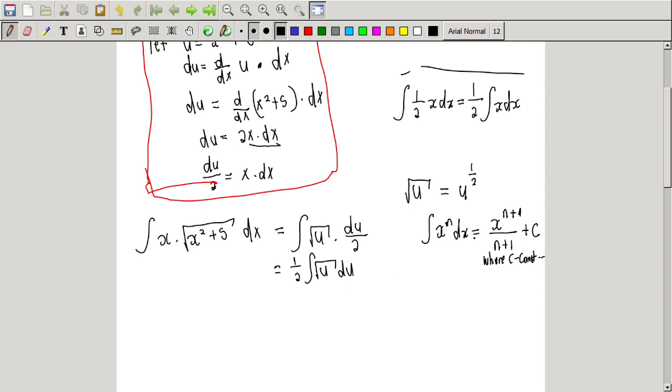So that is why I'm writing it in this form, so that it is in the form of x to the power of n.